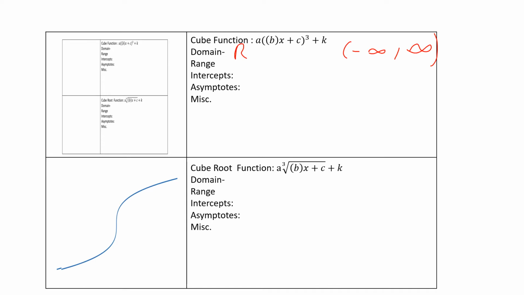So again, you can use R, which represents all real numbers. Range is the same. Intercepts are around the origin, 0, 0, both x and y. Asymptotes, none, because it touches everywhere.